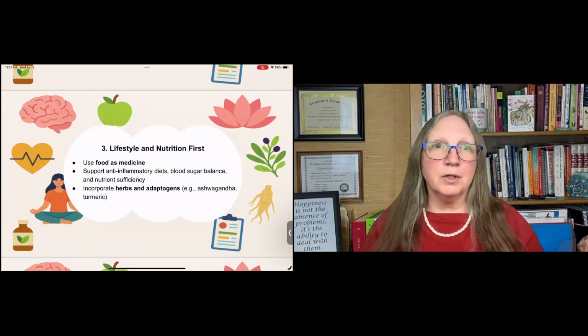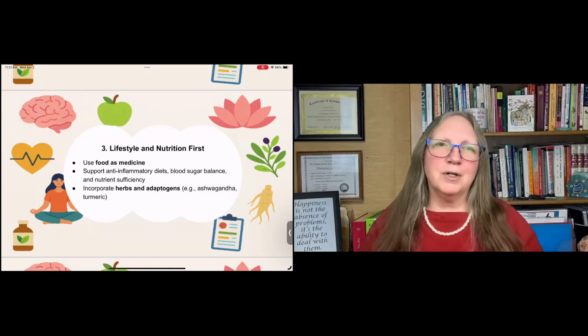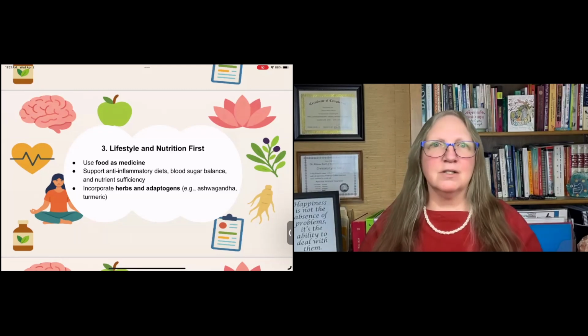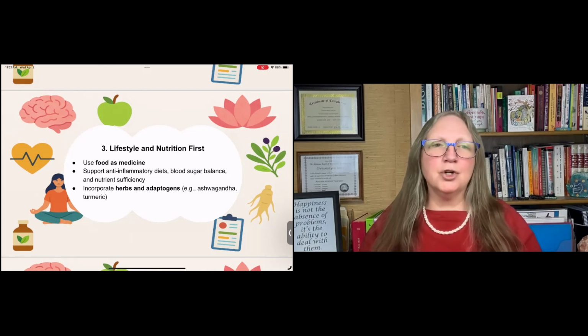Those things are important. But we want to have food as our medicine, right? We want to support anti-inflammatory diets, support blood sugar issues, support nutrient deficiency or sufficiency. And we will, in many cases, incorporate some herbs and adaptogens like turmeric or ashwagandha. We really want to get you to a point where food is your medicine.